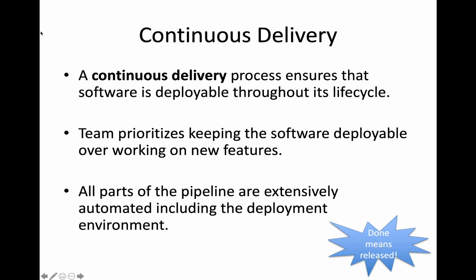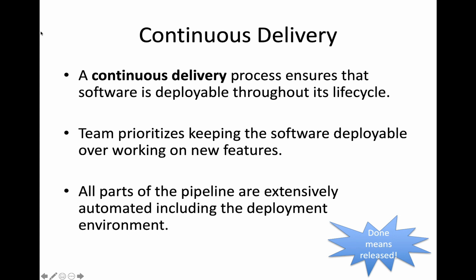If we are following a continuous delivery practice, then our organization is ensuring that we always have software code which is deliverable. So when our teams are writing software code, they are prioritizing keeping that software deployable, and they prioritize that even over creating new features.